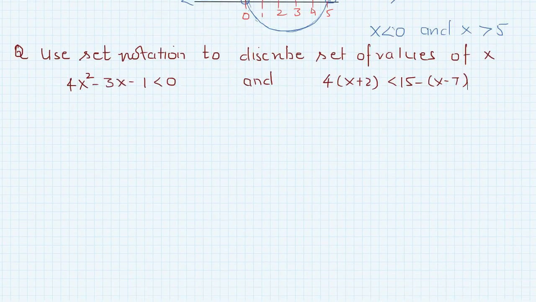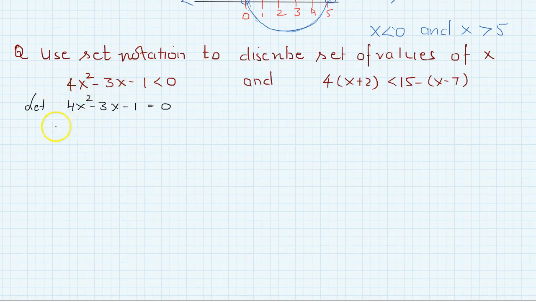Use set notation to describe the set of values of x for which 4x square minus 3x minus 1 is less than 0 and 4x plus 2 is less than 15 minus x minus 7. So now for this, let's say we have 4x square minus 3x minus 1 is equal to 0.